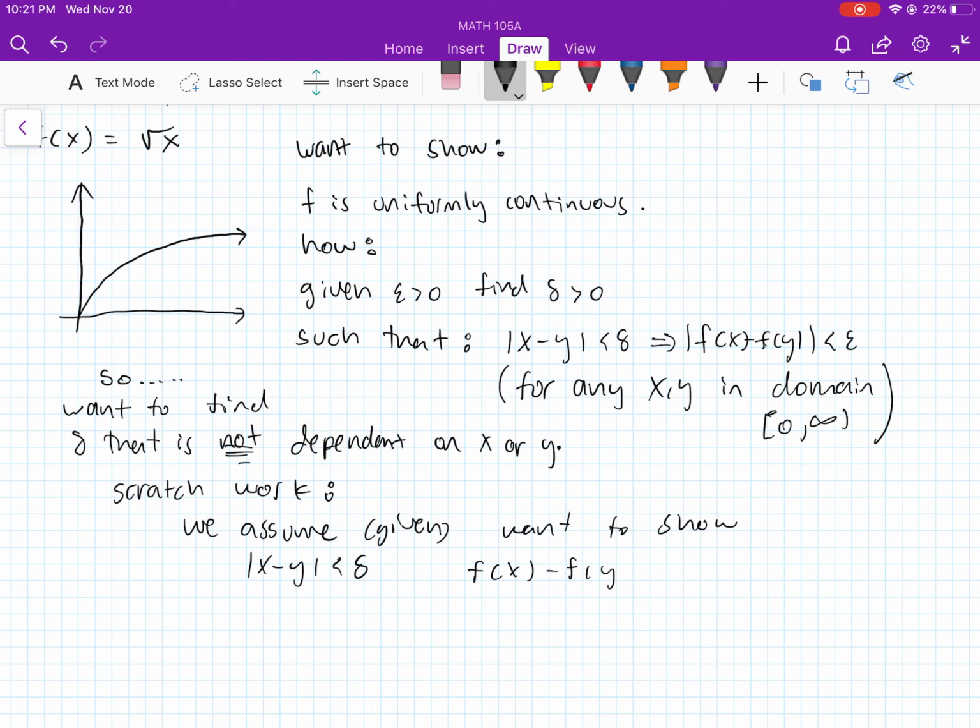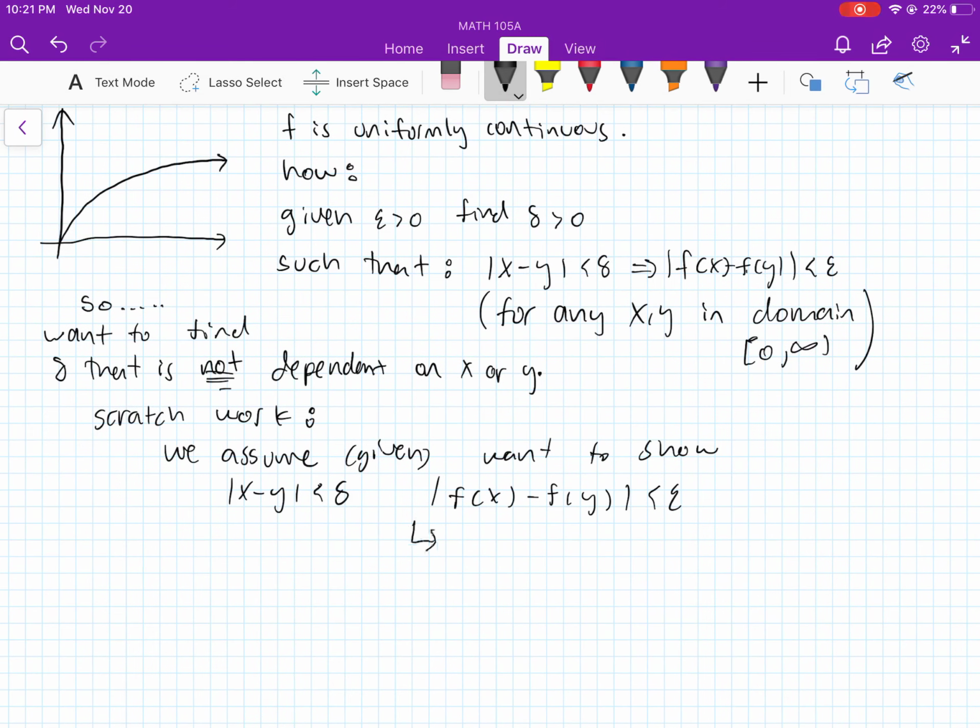So right now I'm just writing what we want to show, and we can assume that, like I said, the absolute value of x minus y is smaller than delta, and we want to show that f of x minus f of y is smaller than epsilon, which in our terms means the square root of x minus the square root of y is smaller than epsilon. And this is where the cleverness or trickiness comes in.